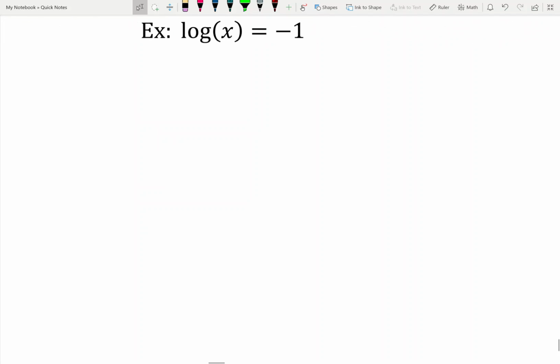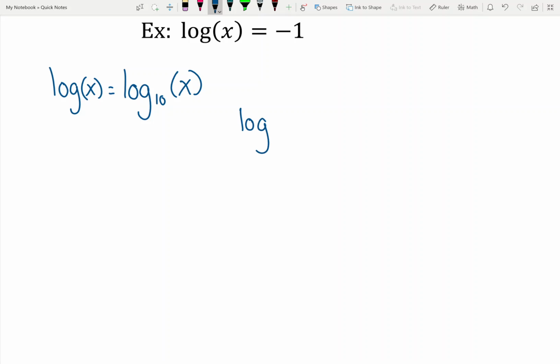All right. So here we have log of x equaling minus 1. Don't forget what log with no number means, right? Log with no number is the same as log base 10 of x. So really the question says log base 10 of x equals minus 1. I have to undo this log, so I'm going to put both sides in the exponent of, sorry, not e, of this base, right?